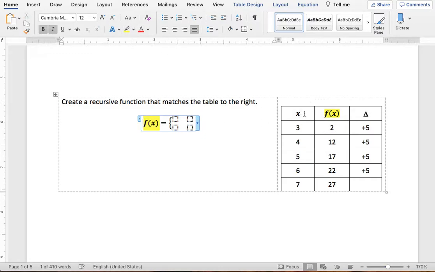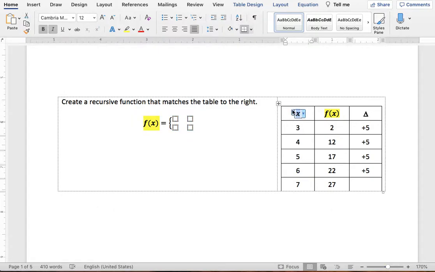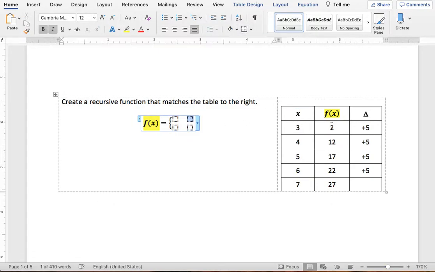Okay, I know I'm going to have x's as my independent variable, both from the variable in here, that x, and by looking over here. So I know I'm going to have x starts with something, and then x bigger than something.